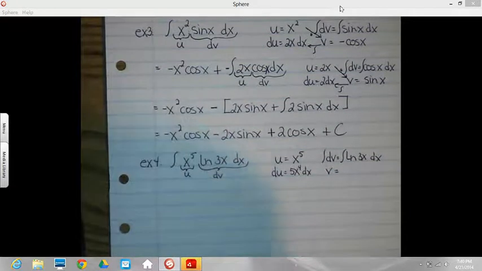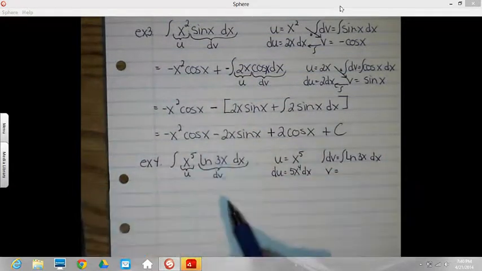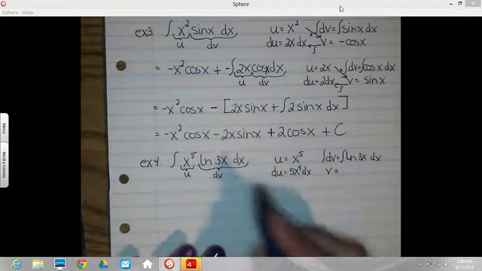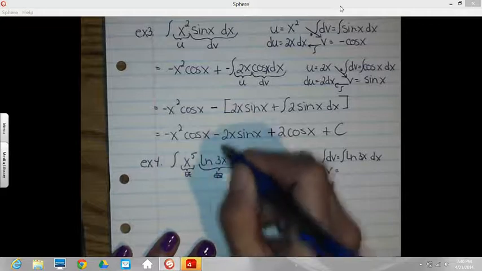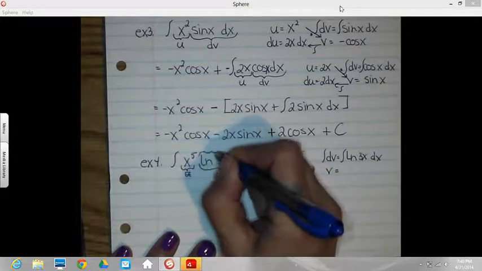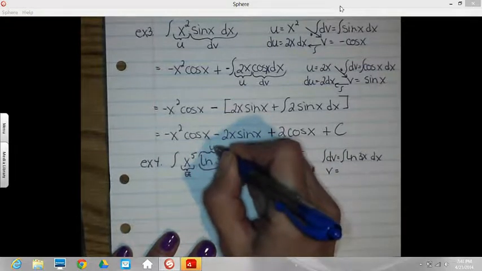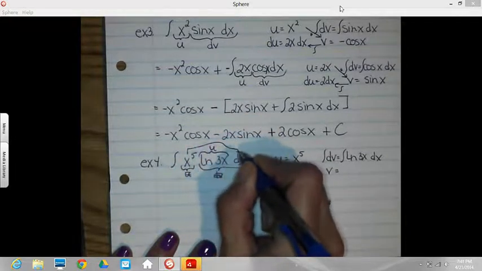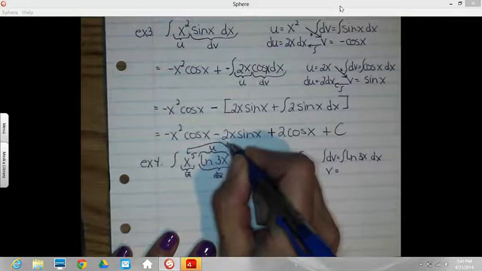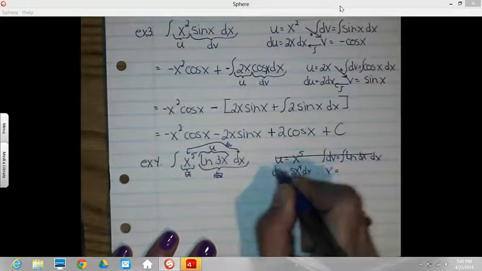So what we have to do is switch what I called u and dv. So I am going to let this ln of 3x be the u, the x to the 5th dx be the dv. So we'll scratch all that.